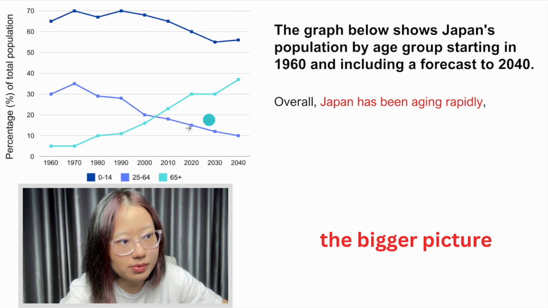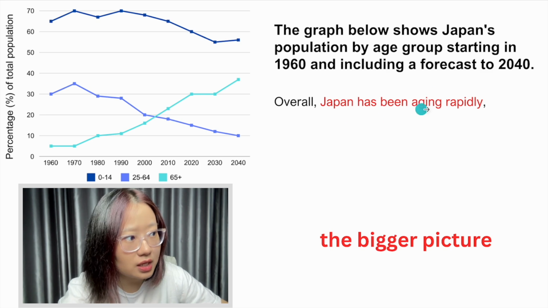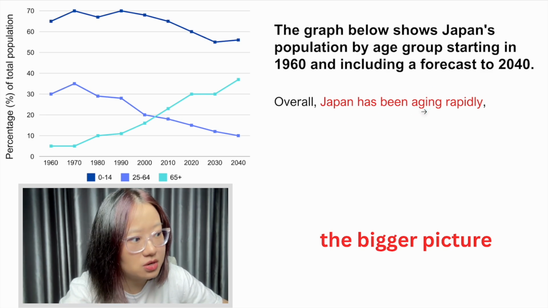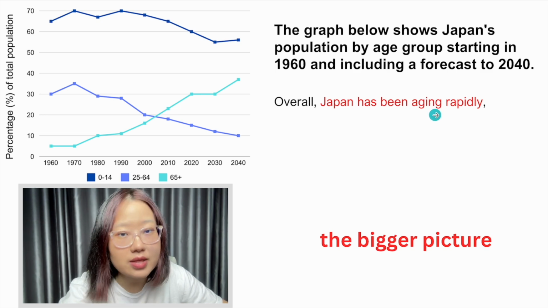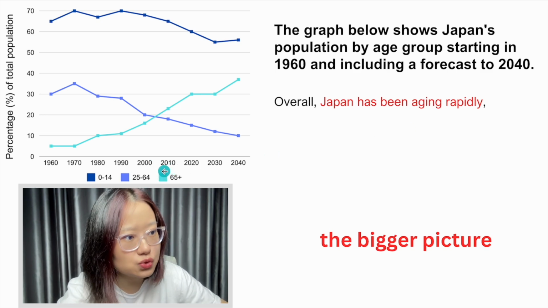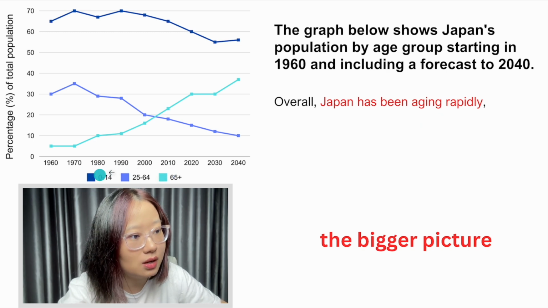The percentage of people in the oldest age group is increasing while the percentage in the youngest age group decreases. This is aging, right? This is the bigger picture of the chart. And then we can add the trends. And when you add the trends, make sure that you don't state all these three age groups.